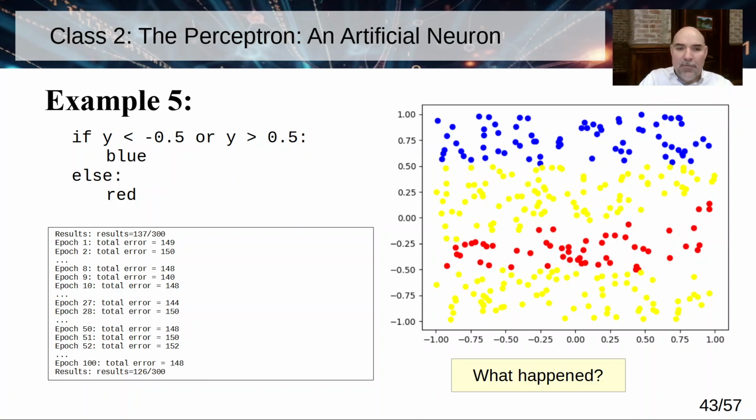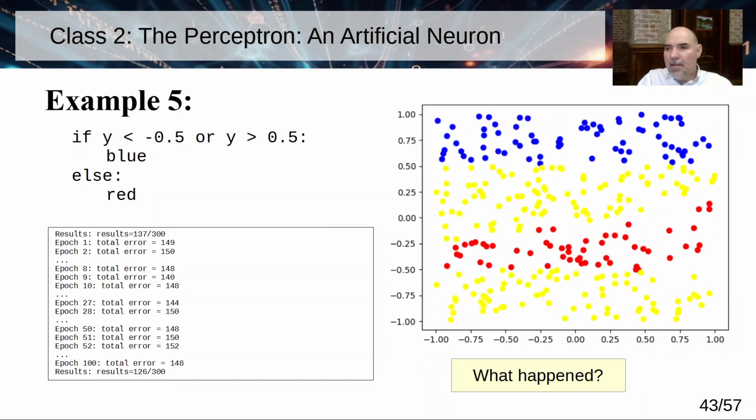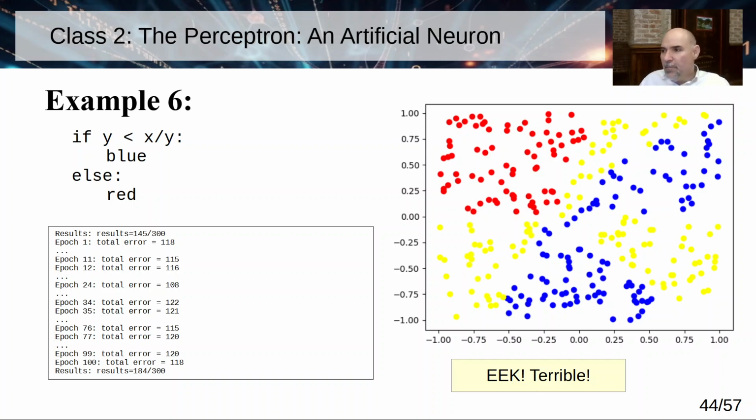Now let's look at another one that it fails on. Here's another one: y is less than x divided by y. So this is a nonlinear function. And it does a little bit better than the piecewise defined one we had over here, but still pretty bad. Look at all the yellow points over there of things that it got wrong. Again, it's fighting with itself.